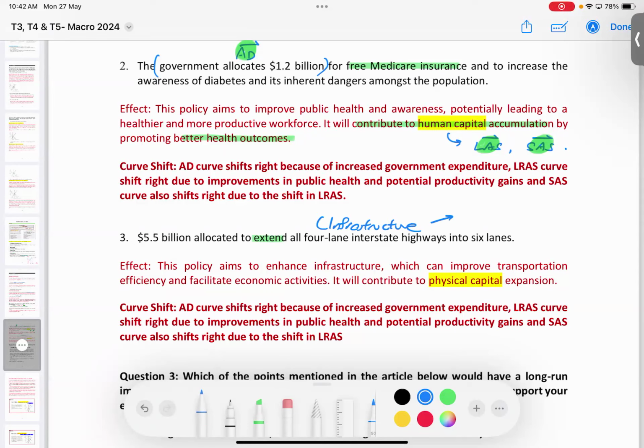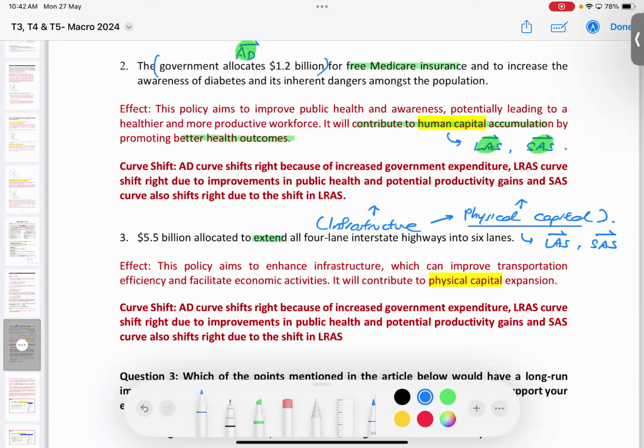Physical capital. Machineries, equipment, technology, infrastructure, all these are under physical capital. So when the government allocates money to improve the infrastructure, that also improves the physical capital, and whatever shifts physical capital will shift the LAS curve and the SAS curve.